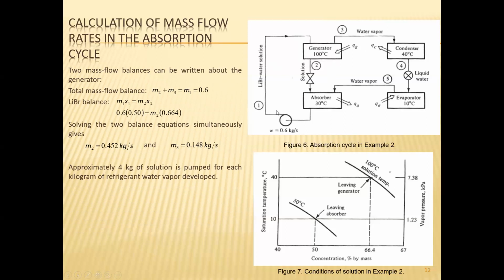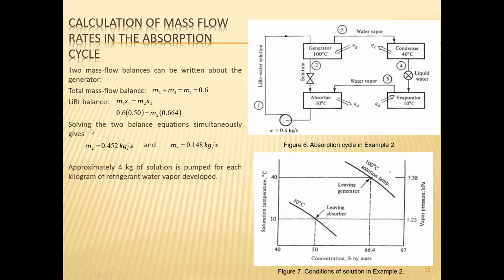So lithium bromide balance, siyempre yung M1 times X1 is equal to M2 times X2. So kung ano yung lumabas dito, siyempre meron, multiply mo ng X2, yun yung lithium bromide mo. So paglabas dito, nag-iba na yung percentage mo. So equal din siya sa pinasok mong solution kasi ito pure water.